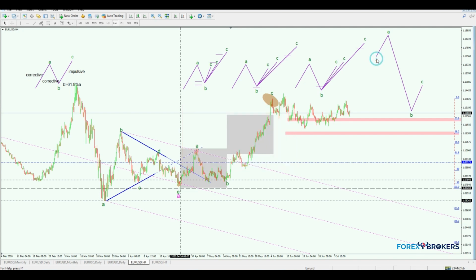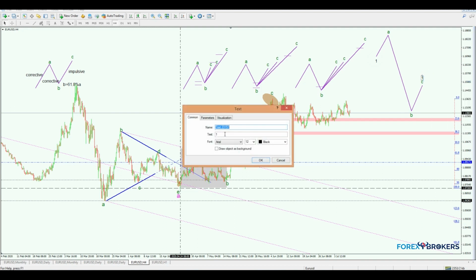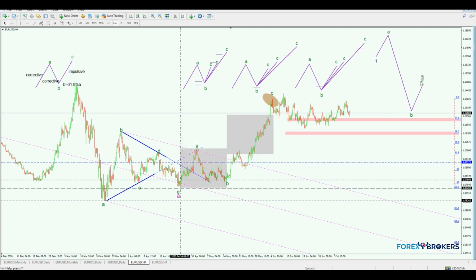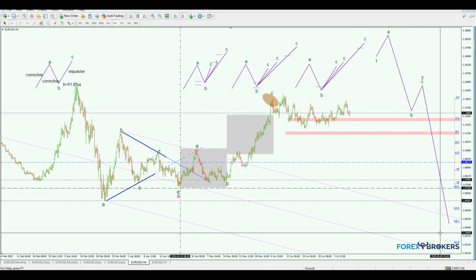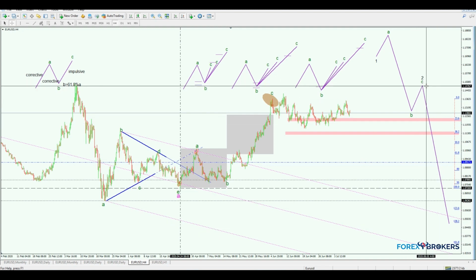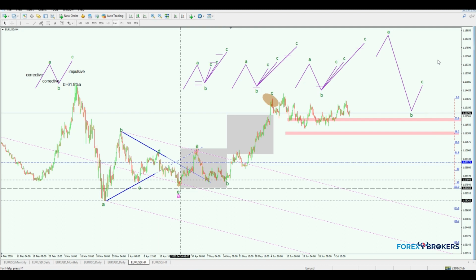The market forms a running flat for the second wave, A, B, C. This would be our second wave, and then the third wave of an impulsive move starts all the way to here. Most traders will label this 1, 2, 3, 4, and then the 5th wave, but in reality this is nothing but a running flat for the second wave. But that's a different story for more advanced material that will follow in this academy.